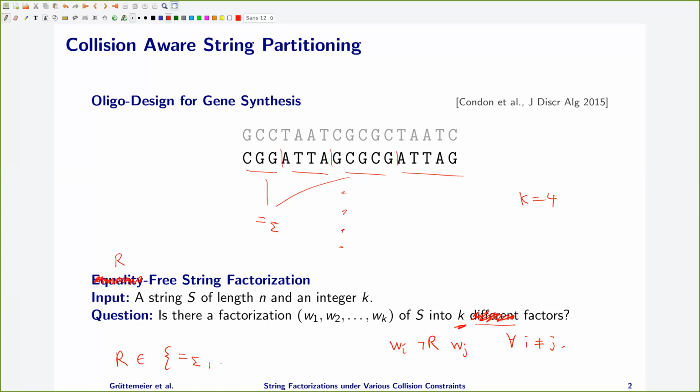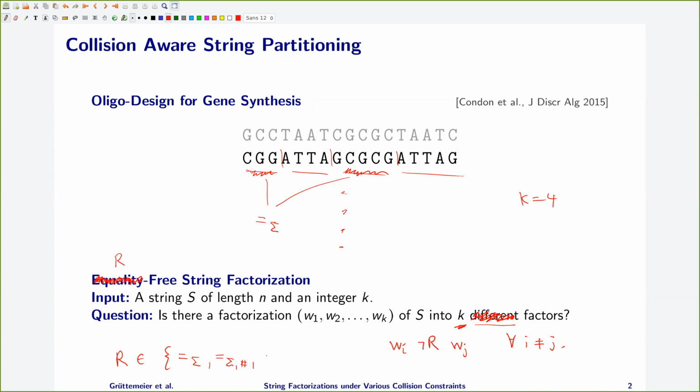This would be the equivalence relation where all strings are equivalent if they have the same set of letters. Another one that we considered uses the Parikh vectors of the strings, so we count how often each letter occurs. In that case, these two strings would be different, because the G, for example, occurs more often in the second one than in the first one.